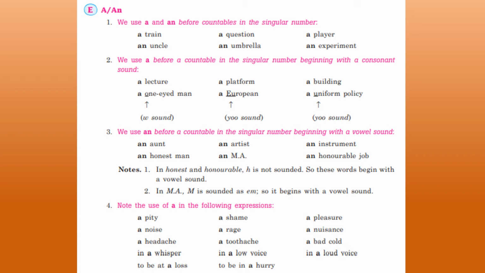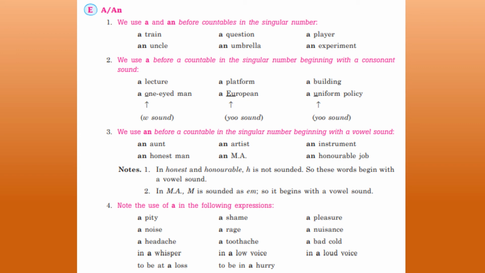We use a and an before countables in the singular number, like a train, a question, a player, an uncle, an umbrella, an experiment. But did you notice that somewhere we have used a and somewhere we have used an? Why so? Because as we know, there are 26 letters in the English alphabet and 21 are known as consonants, whereas 5 are known as vowels.